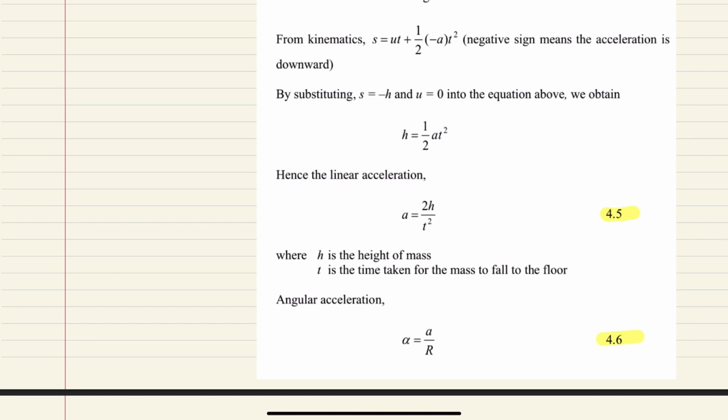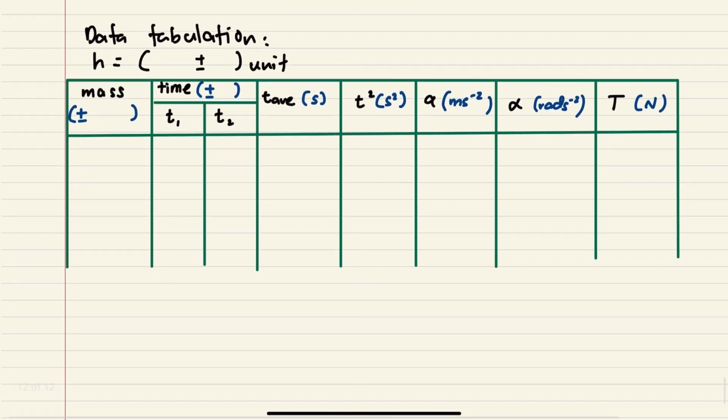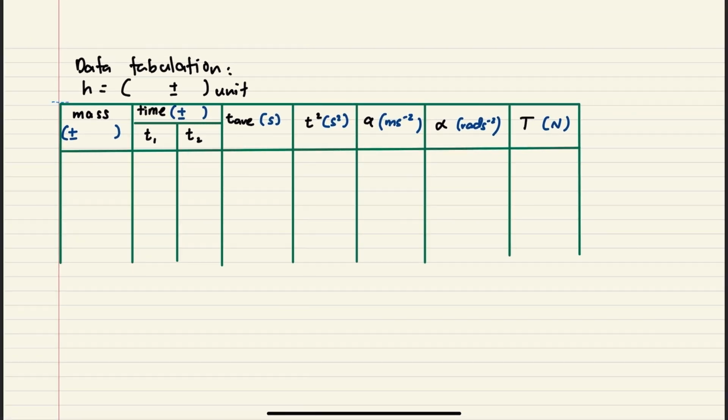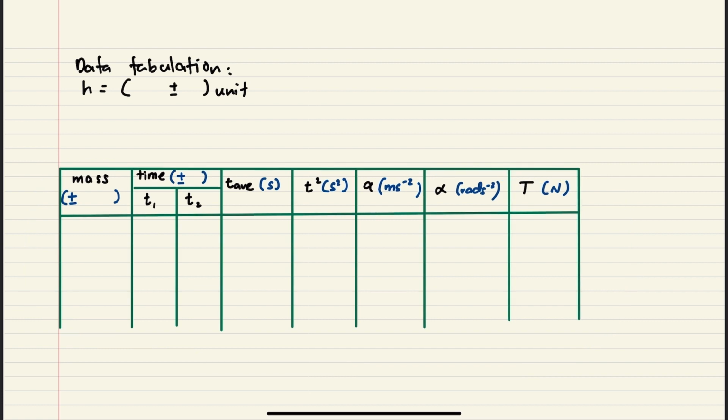From there you just divide by the value of R. Again, you have to write down the values for R as well. So I'm going to bring this one lower so that I have enough space to write down the R as well. Write it with the correct unit.